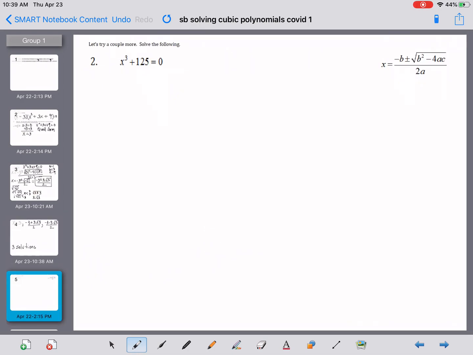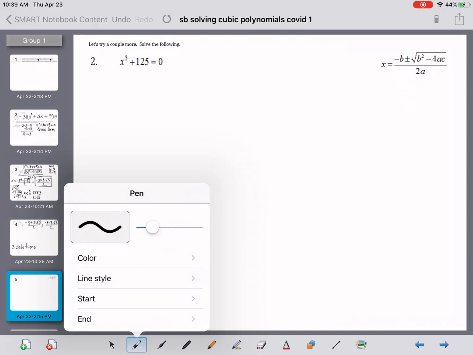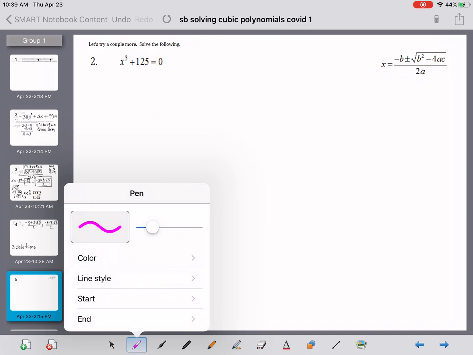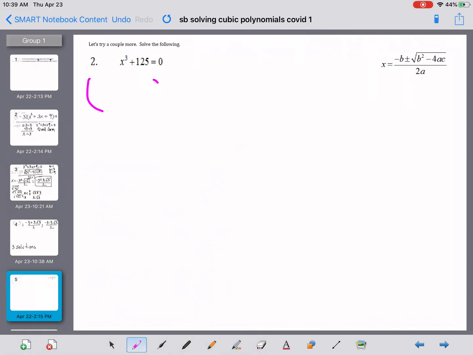If we look at x cubed plus 125 equals 0, our starting point is that we want a factor. So we're going to do our little parentheses and our big parentheses. The cube root of x cubed is x. The cube root of 125 is 5.